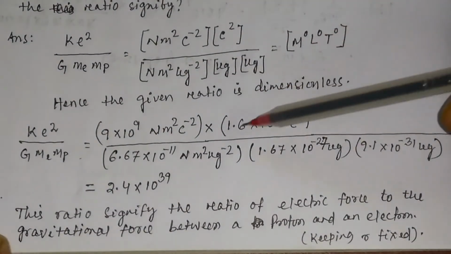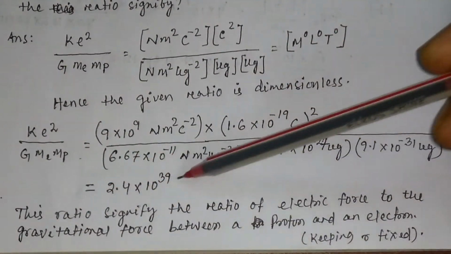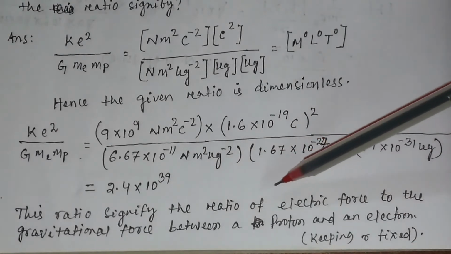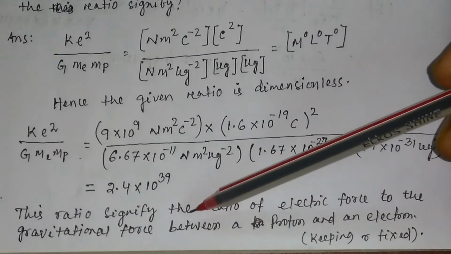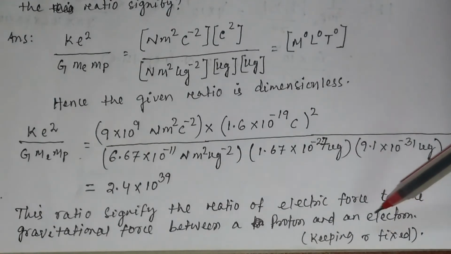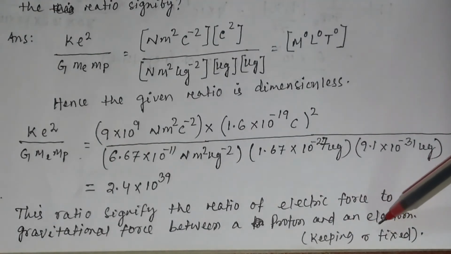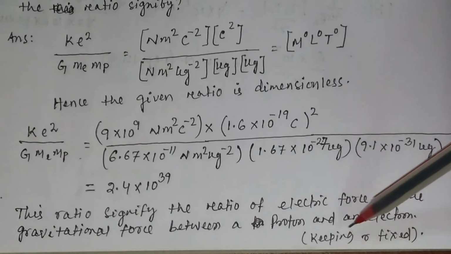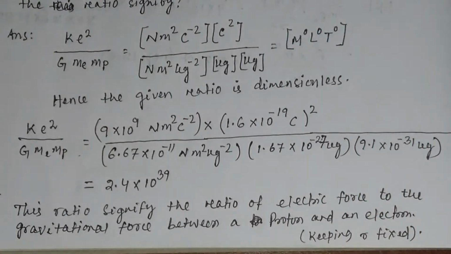The ratio signifies the ratio of the electric force to the gravitational force between a proton and an electron, and here we have fixed the distance of separation between them.